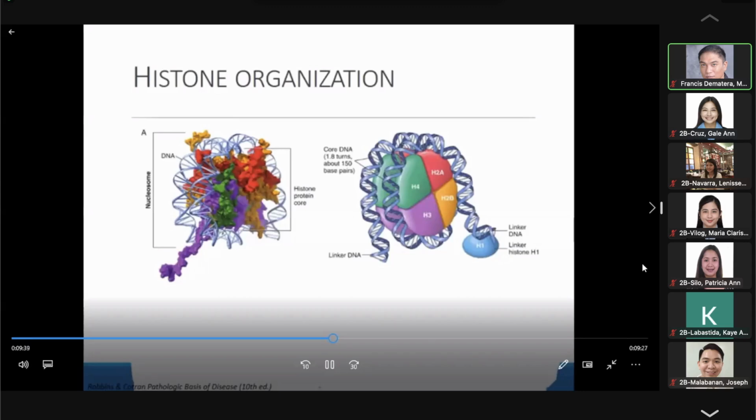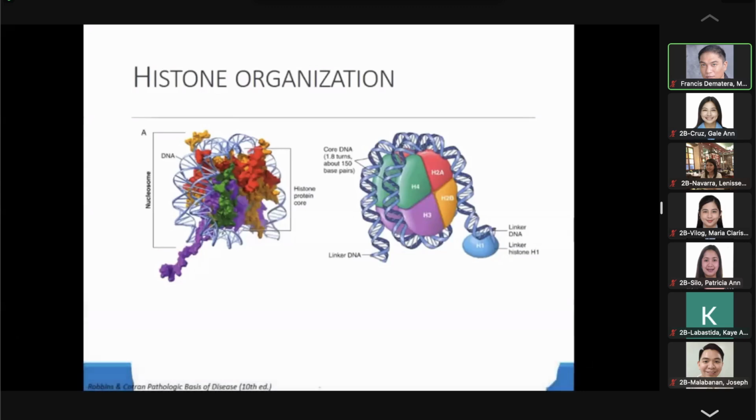So H1 histone, as you can see, is separated. It is located between nucleosomes and it stabilizes the chromatin architecture. The histones are positively charged, which allows compaction of the negatively charged DNA.